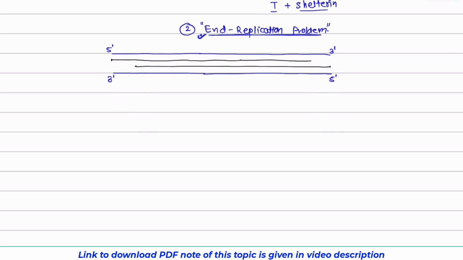So here both RNA primers are removed, but unlike the interior RNA primers, they are not replaced with DNA. So what will happen? This part is missing and this part is also missing. This blue part represents the parent DNA, and this black line represents the daughter DNA.